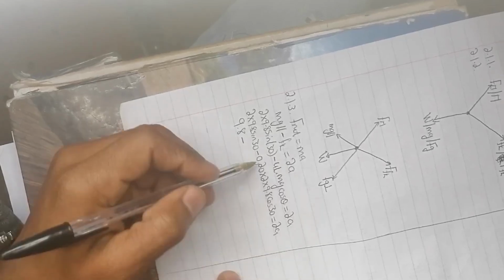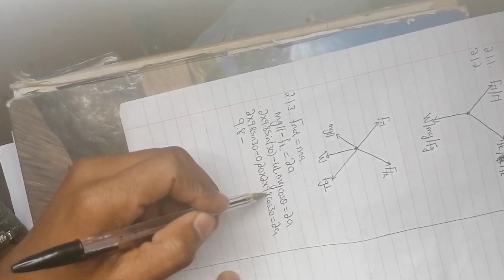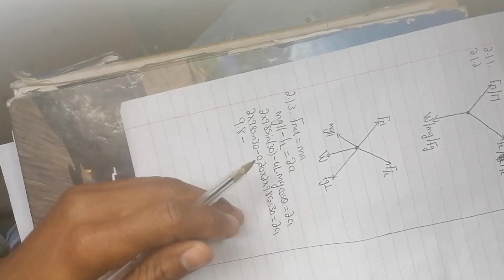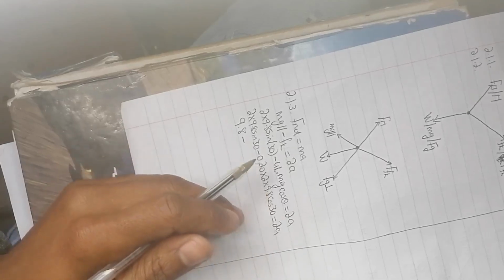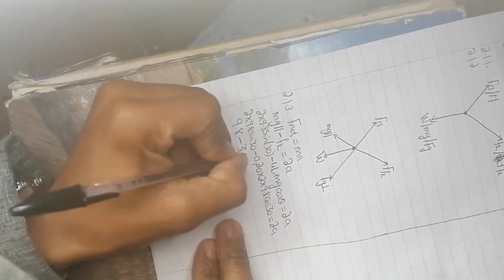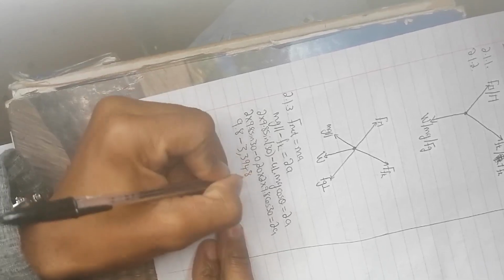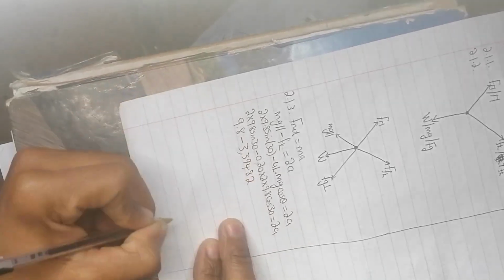So this is 2 times 9.8 times the cosine of 30, times 0.2, and you'll find a value of 3.39482.